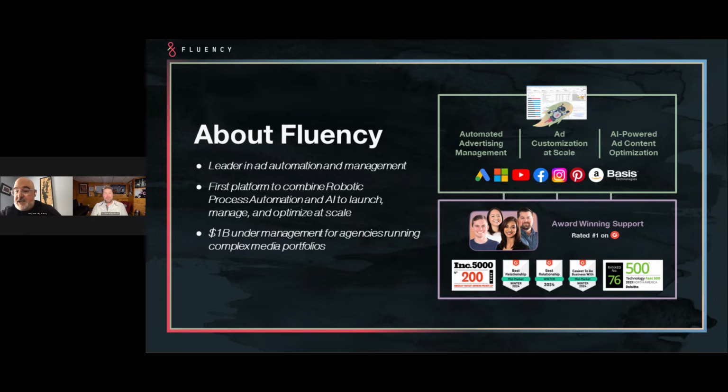Fluency is a leading provider in digital marketing and advertising operations management. So we're really the first platform to combine robotic process automation and AI to help agencies and brands launch, manage, and optimize their advertising at scale.